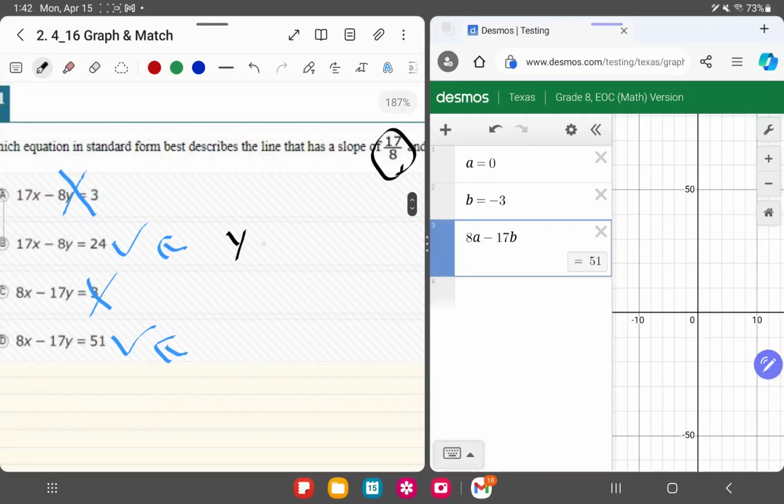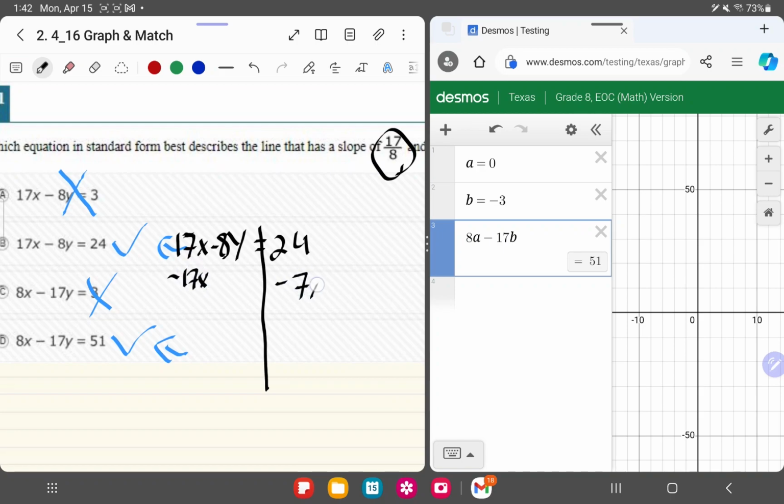So I'm going to go ahead. It's going to be 17x minus 8y equals 24. You put your line right here. You move x first. So -17x, -17x. Those two cannot combine, so you bring it down.